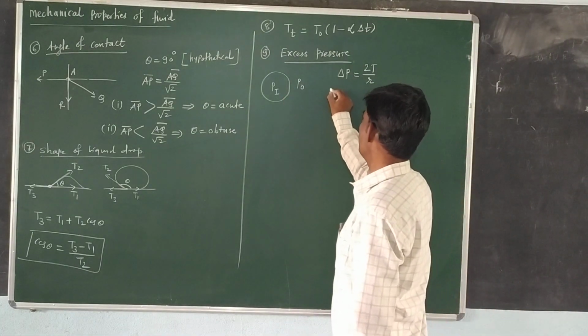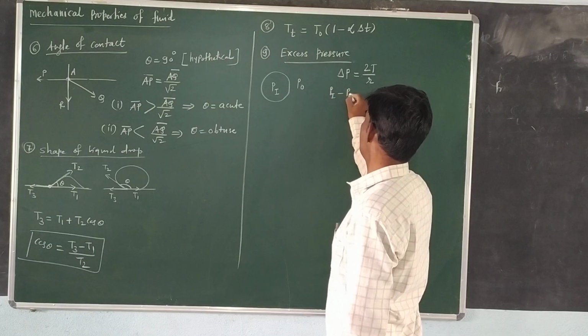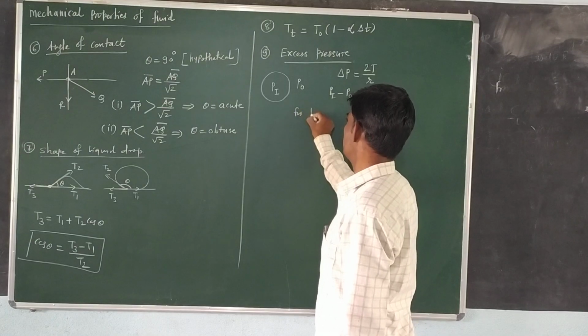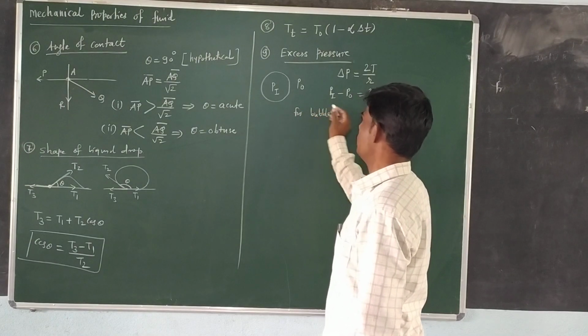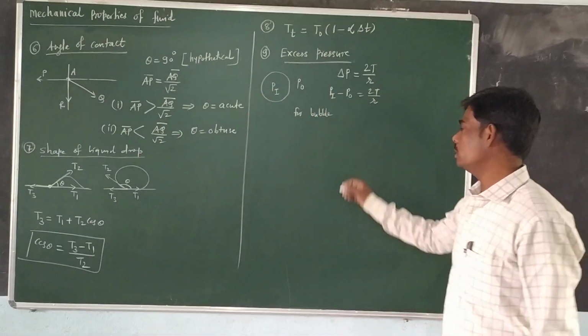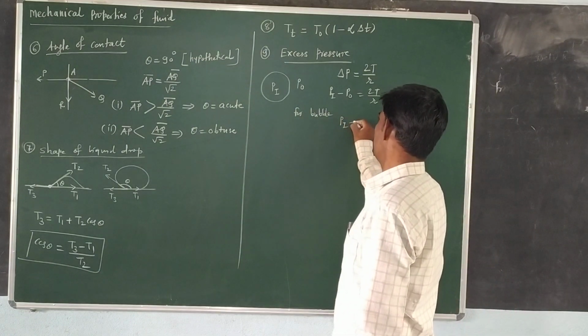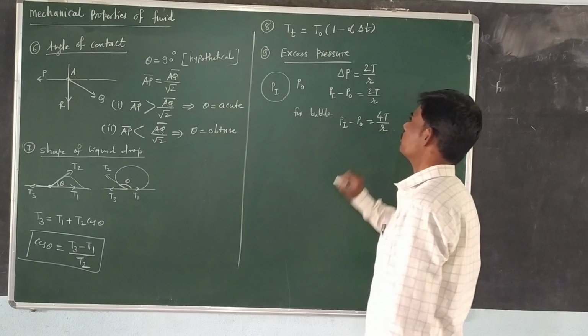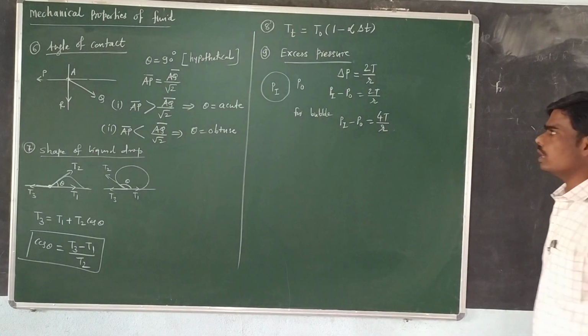So delta P is nothing but Pi minus P0. If we consider a bubble instead of a drop, then we get Pi minus P0 is equal to 4T upon R.